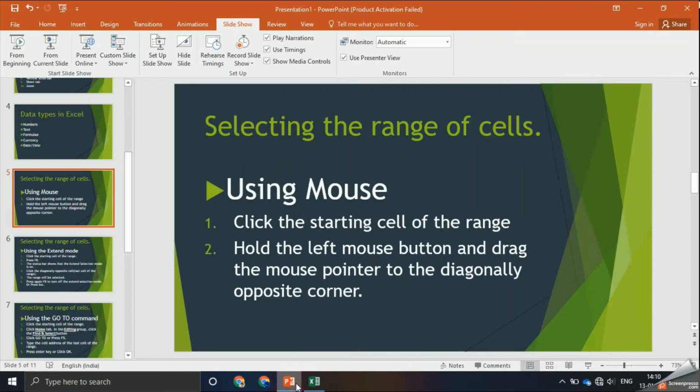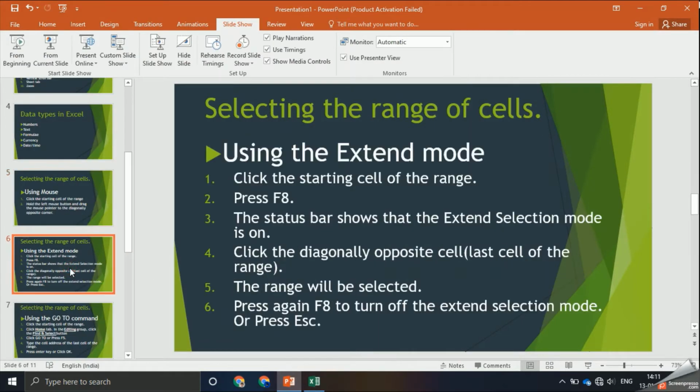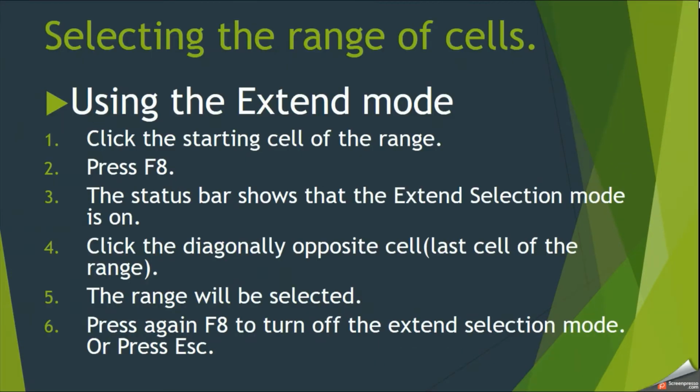And then let us see another method, using the extend mode. For this, first click the starting cell of the range, and then we need to press the function key F8.